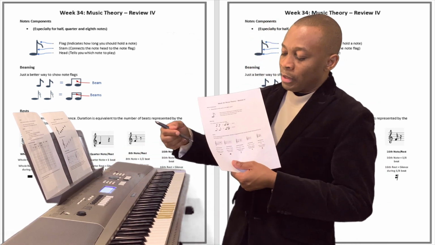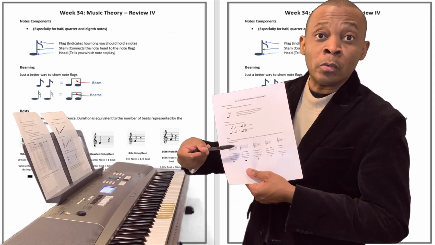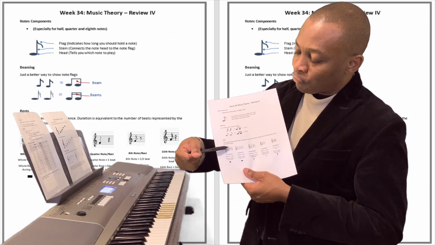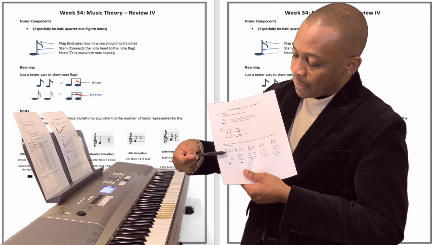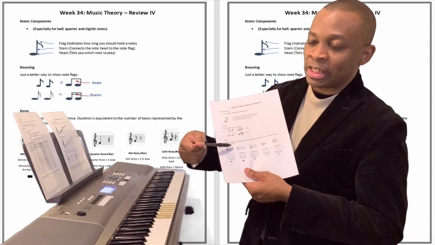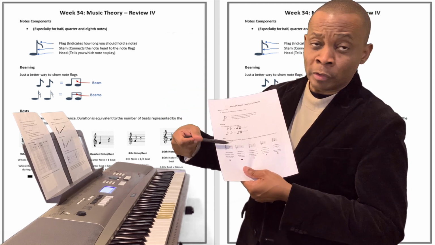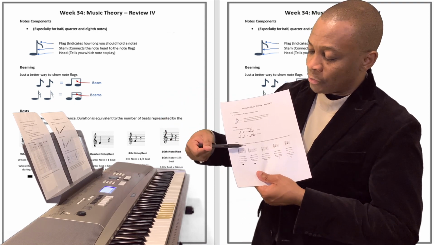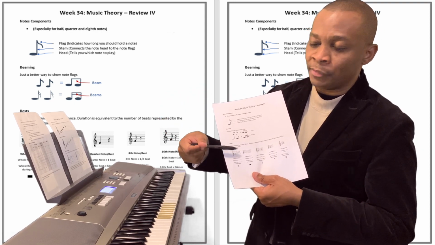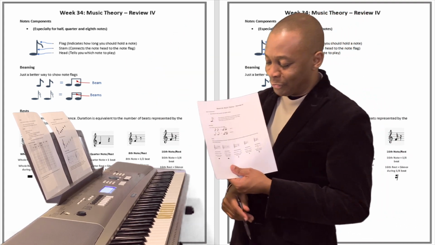There is a whole note and there is a whole rest. The notation for a whole rest is a square attached to the underside of the fourth line. You're going to rest for 4 beats. That's what it means.